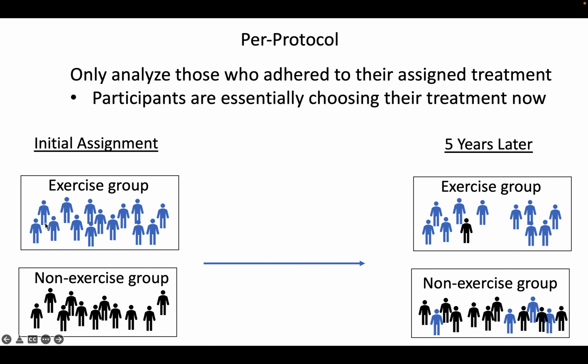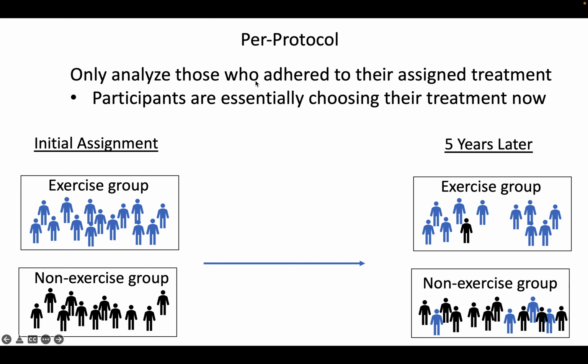So one group might make healthier decisions in all kinds of ways. Like the exercise group, they might have a better diet, and they might just live a healthier lifestyle. And since we're permitting an element of choice, those who remain in the exercise group might have those traits compared to those who switched from the exercise group to the non-exercise group. And in that way, we've introduced bias.